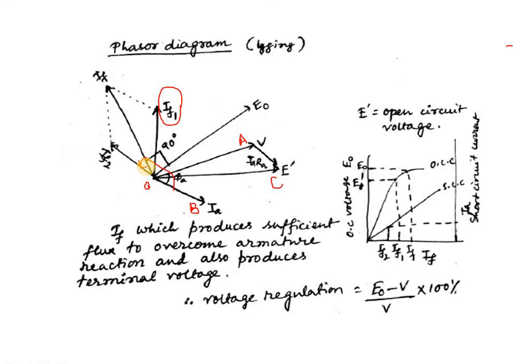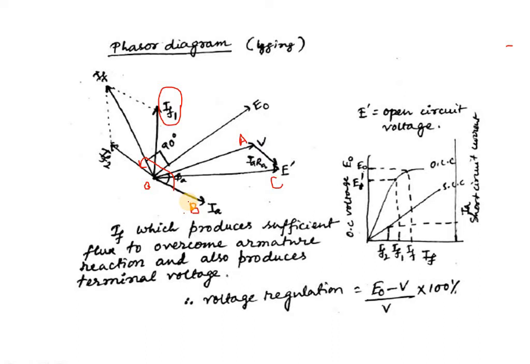And IF produces sufficient flux to overcome the armature reaction and also produces the terminal voltage. So the voltage regulation we get here is (E0 minus V) divided by V into 100 percent. Here we have taken all these points in the IF versus open circuit voltage, and we have drawn the curves of OCC and SCC.